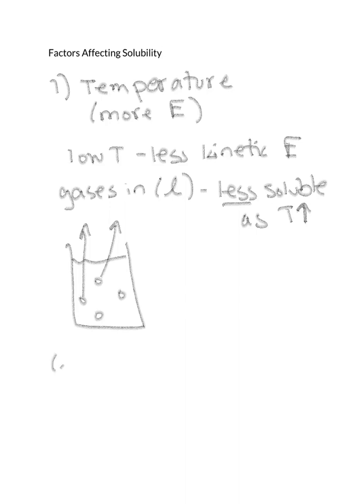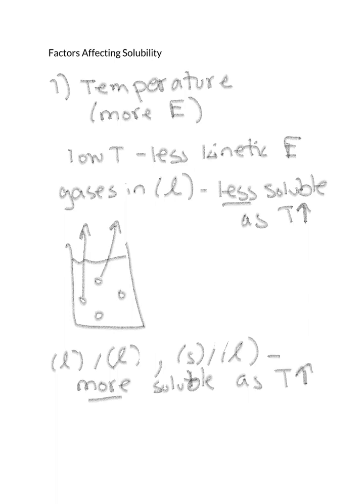On the other hand, liquid in liquid, or solid in liquid, etc., they become more soluble as temperature's up. Again, you're used to this idea that if I want to get more sugar into my water, let's say that I can manage to get like 5 or 6 sugar molecules in at a low temperature, heating it up means that I can fit more.